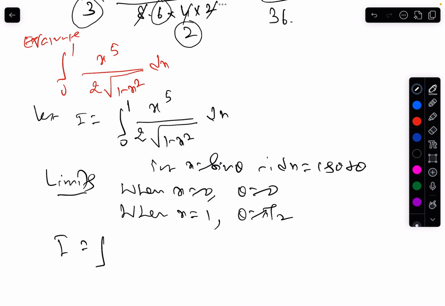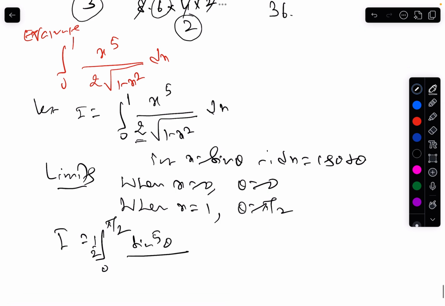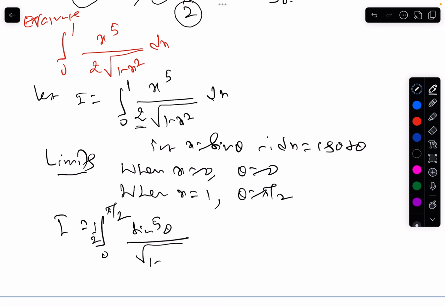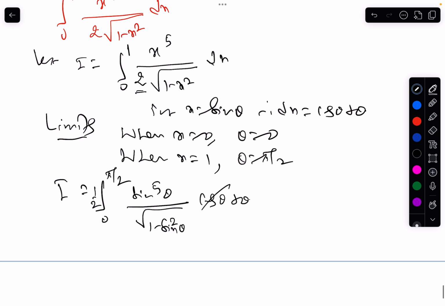So I equal to 0 to, this is 1 by 2, 0 to pi by 2, sine power 5 theta upon root 1 minus x, x is sine theta. So 1 minus sine square theta, and dx is cosine theta d theta. So this cosine theta and cosine theta cancel. So this is 0 to pi by 2 sine power 5 theta.